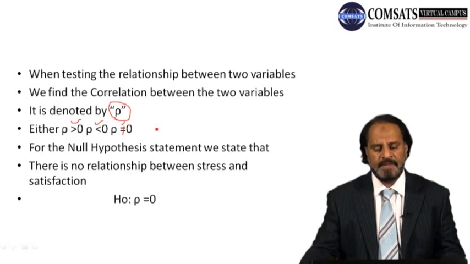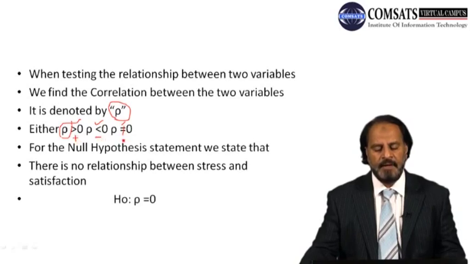Let's look at this example in more detail. When we say there is a relationship between two variables, the value of p, which is the rho, is greater than 0, meaning it's a positive relationship, or less than 0, a negative relationship.